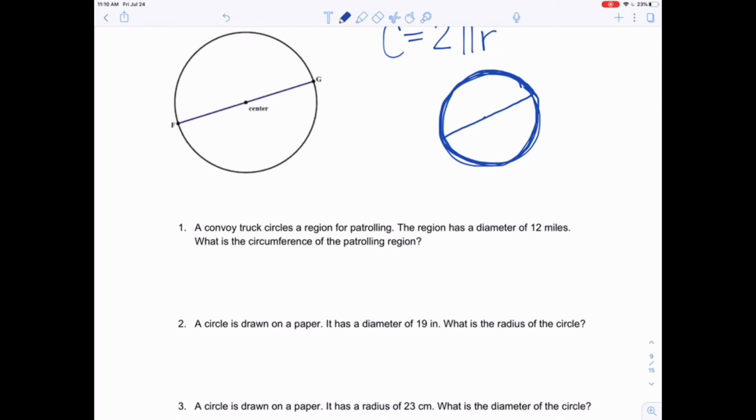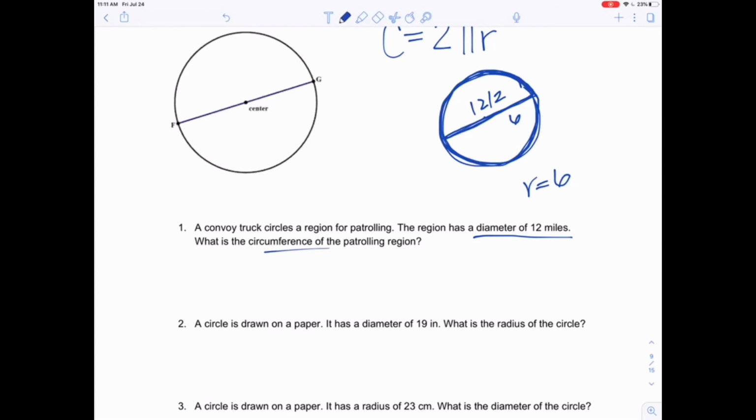Okay? So now that we've understood what the question is talking about, let's understand what it's giving us. The diameter is 12 miles, the whole thing here, 12. Remember what I told you about diameter and radius? To get the radius, I divide this by 2. So the radius is 6. Okay?